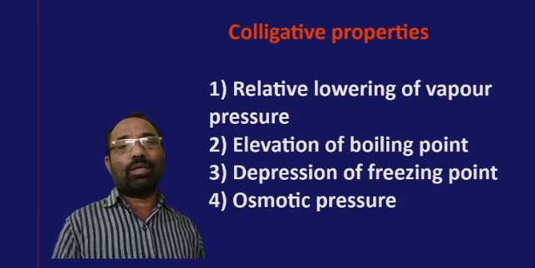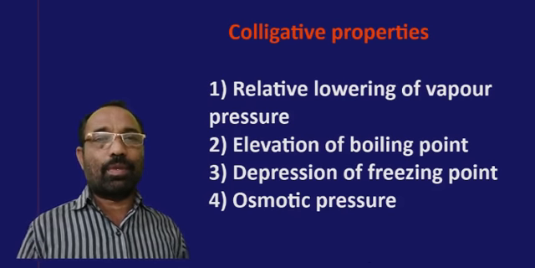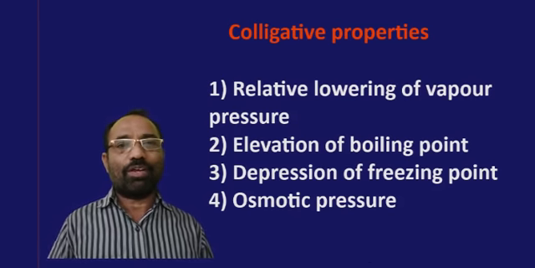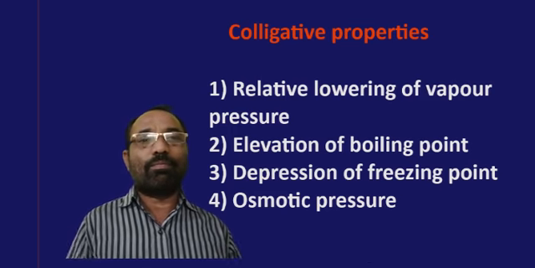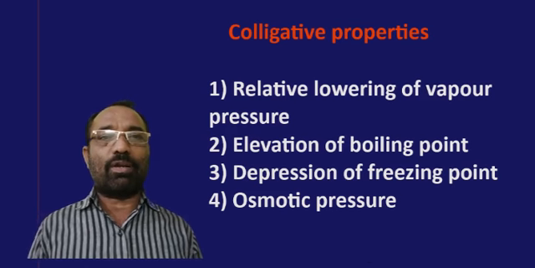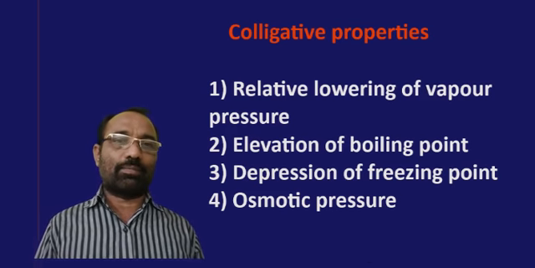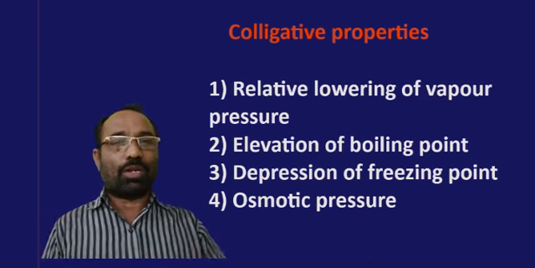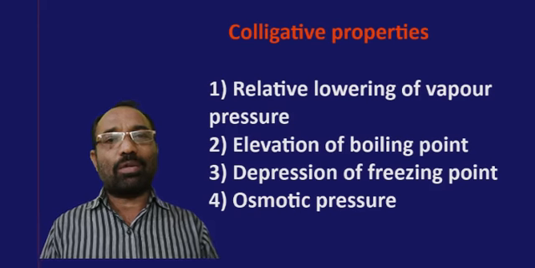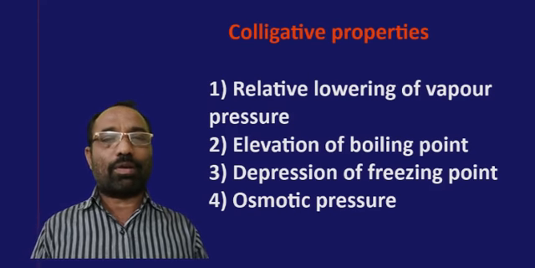Similarly, consider the elevation of boiling point. You know very well about the boiling point of water. At 1 atmospheric pressure, the boiling point of water is 100 degrees centigrade. If you add a little sugar or salt to that water, its boiling point is more than 100 degrees centigrade. If you add more salt or sugar, what happens?